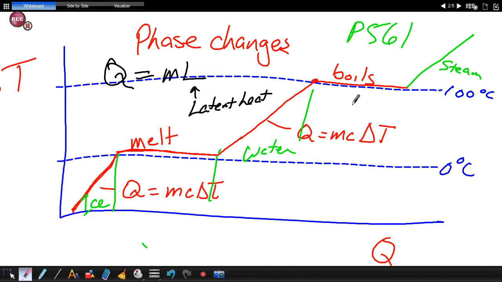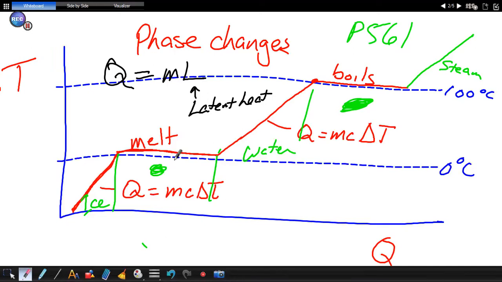And in these places where the phase changes occur, here and here, there is a mixture of ice and water or water and steam. So in these places where the phase changes occur, you pick what the phase change is and you look up the appropriate latent heat.